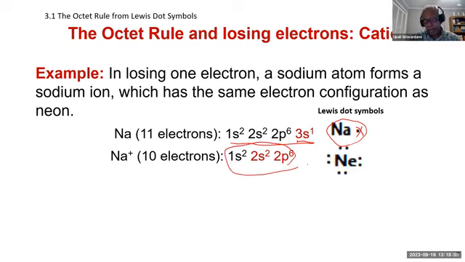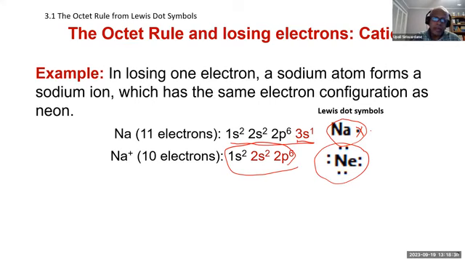Metals lose electrons and form the octet of the preceding noble gas. Preceding means before sodium. Neon is before sodium, one place before.